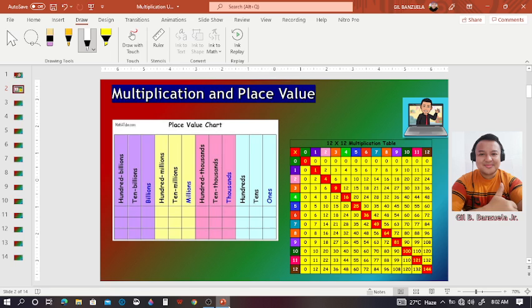Tapos kapag memorize na natin siya, try natin idagdag ang 13 followed by 14. And don't just memorize it, we need the element of time, so we have to combine two things: speed and accuracy.